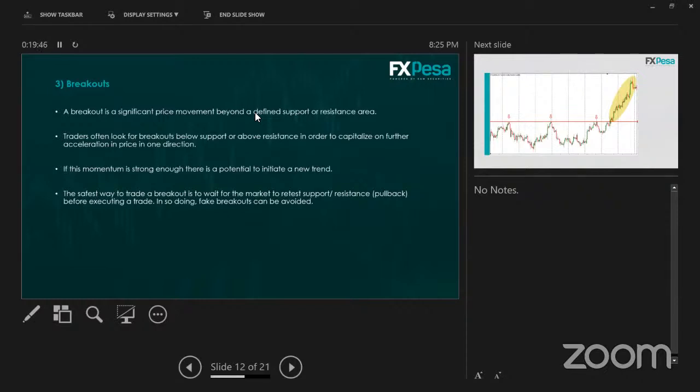The safest way to trade a breakout is to wait for the market to retest support and resistance. That is a pullback. You wait for the market to do a pullback so that you can take a buy order before executing a trade. In so doing, fake breakouts can be avoided.